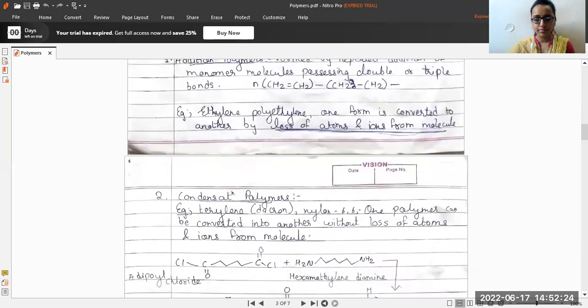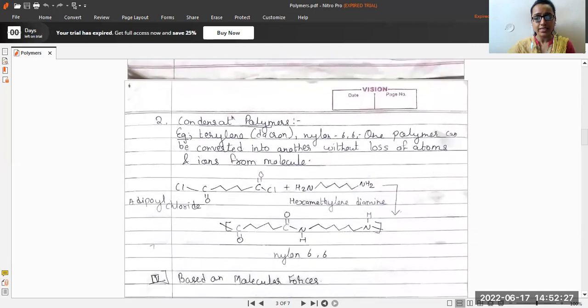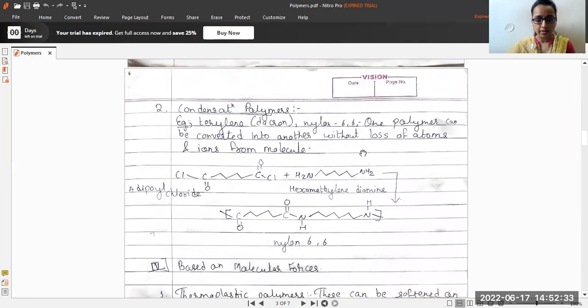Next, we will talk about condensation polymers. In condensation polymers, as shown in the diagram, adipoyl chloride and hexamethylene diamine combine to form the structure of nylon 6,6. As seen, both molecules are attached to each other, and one molecule of HCl is released, the H of the NH2 group and the Cl of the adipoyl chloride.